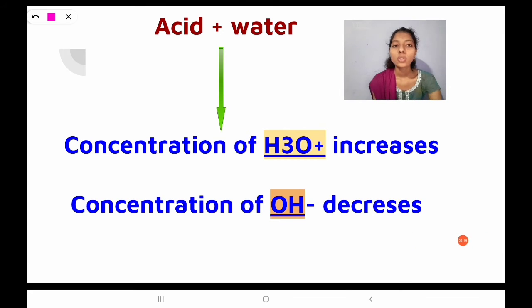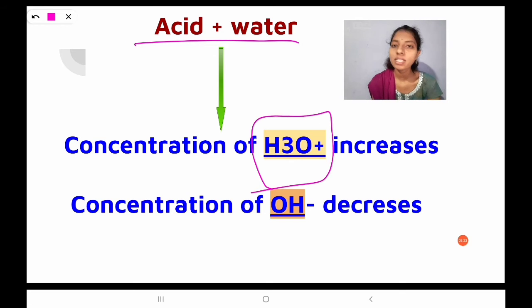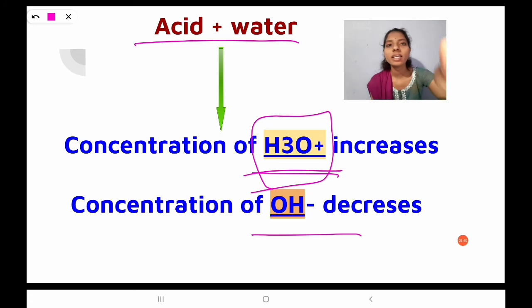Yes, so when an acid is mixed with water, the concentration of H3O+ ions increases and the concentration of OH- ions decreases. So if one increases, obviously the other will decrease. So in acid solutions, the H3O+ ion concentration increases.